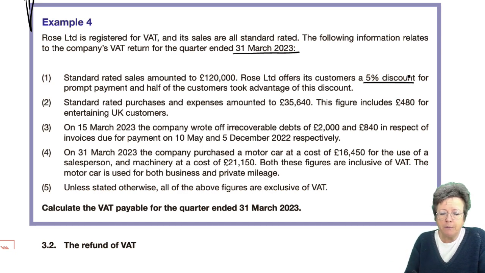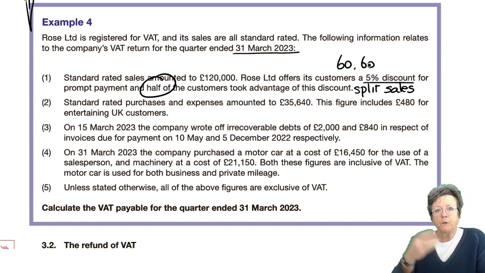For prompt payment. Half of the customers took advantage of that. So we're going to have to split our sales to work out the VAT. Half and half, 60-60. I'm going to explain these as we go along and then I'll show you how it works and I'll write it all out for you.